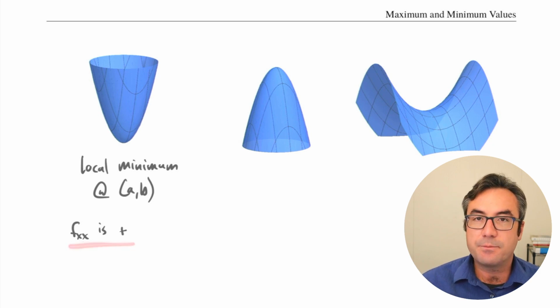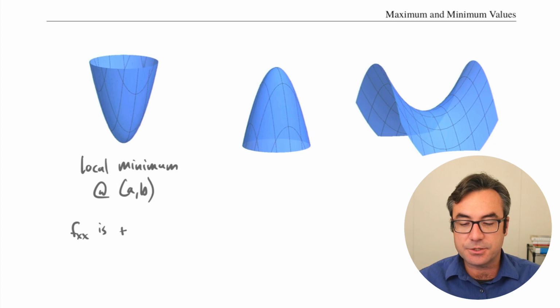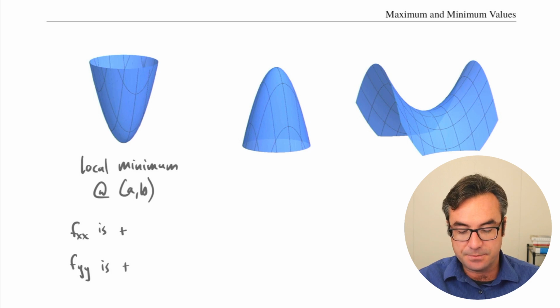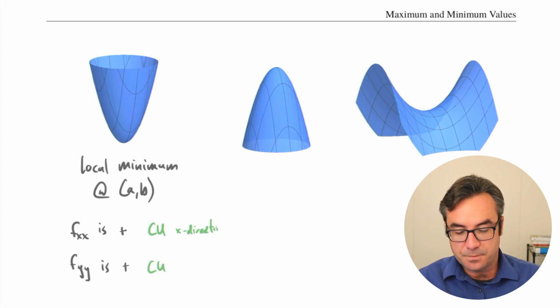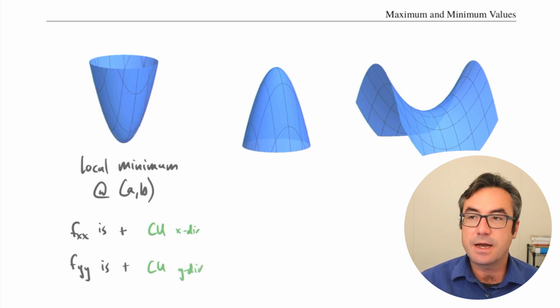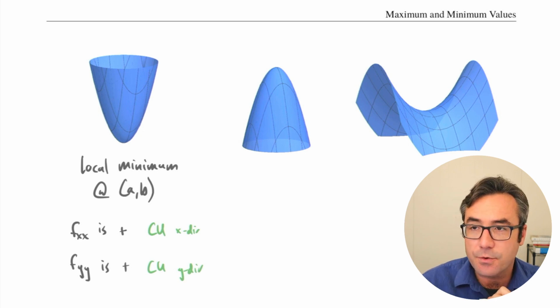So we're concave up in the x direction, and we're also positive in the y direction. So you could think of this as concave up in the x direction and in the y direction. And that's what this looks like. We have concave up in basically all the directions here.